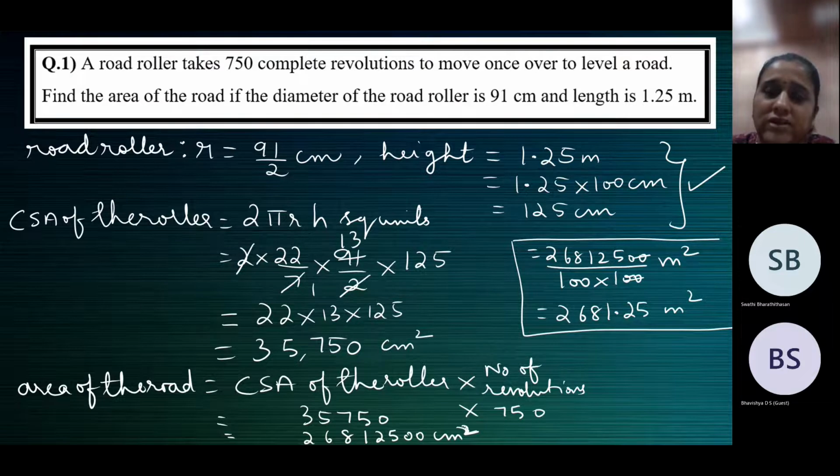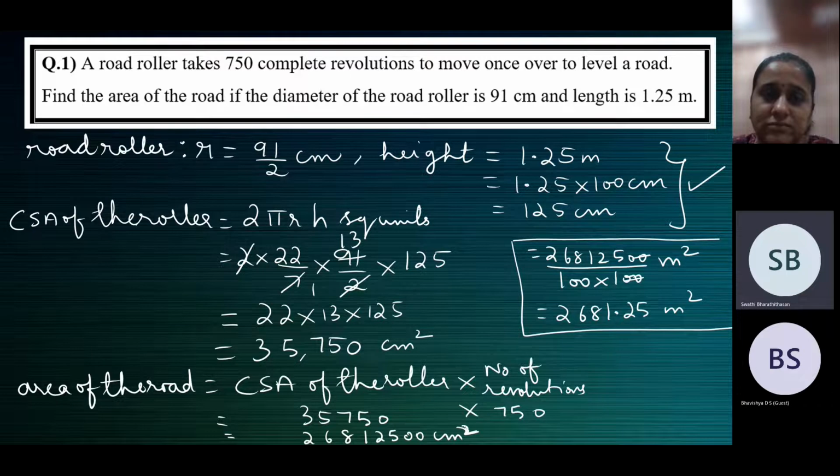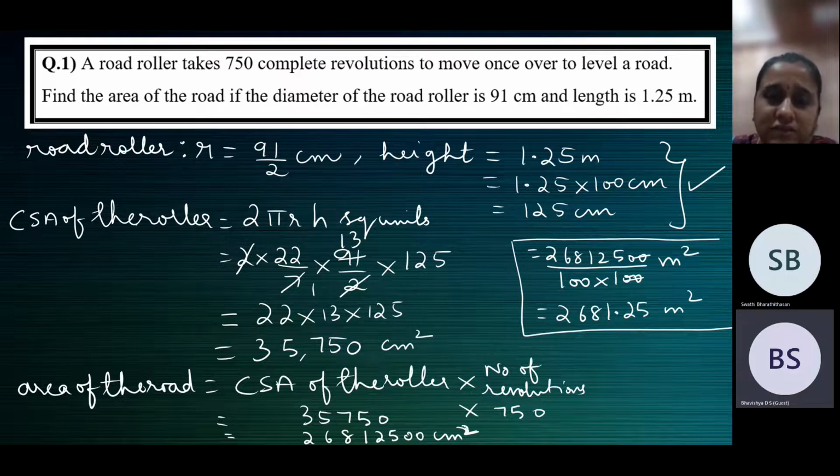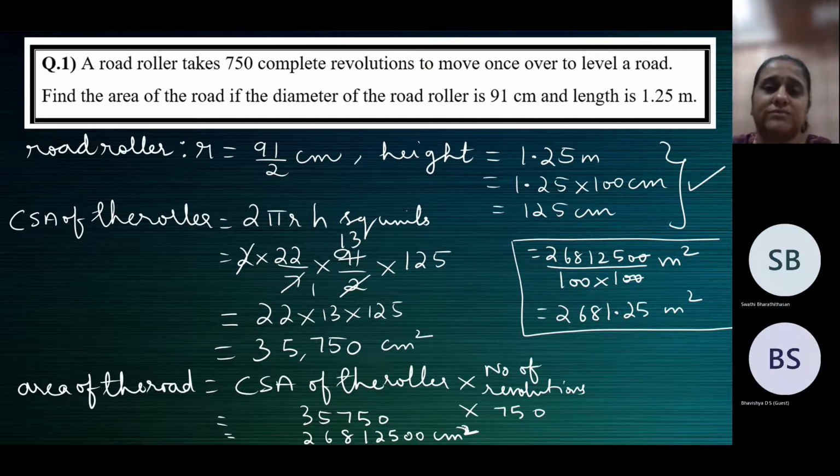It has both curved surface area and total surface area. Total surface area is the CSA and the area of the two circles. In the case of a road roller, only the curved surface area will roll on the ground, correct? Yes, ma'am.